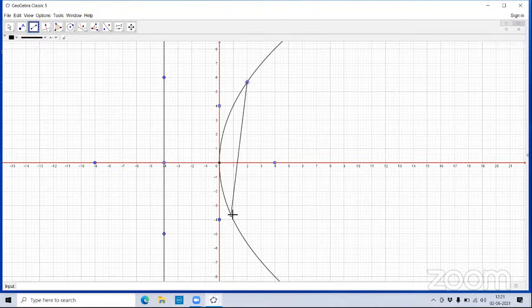What is the name of this line now, children? It is only a chord. If this chord passes through the focus, then it is called a focal chord.